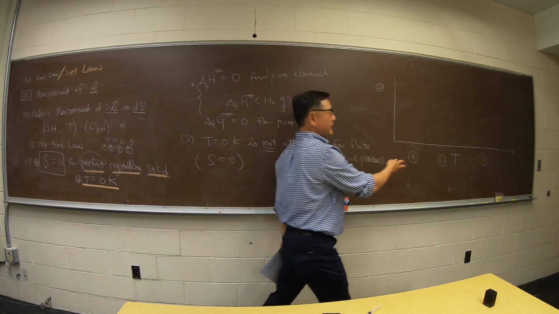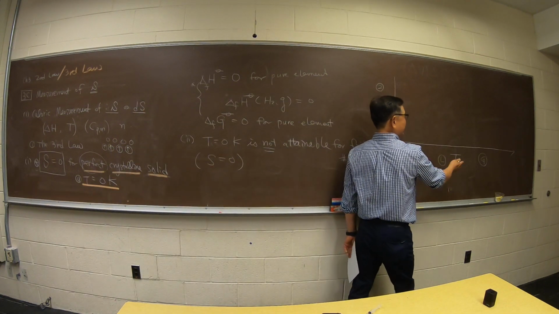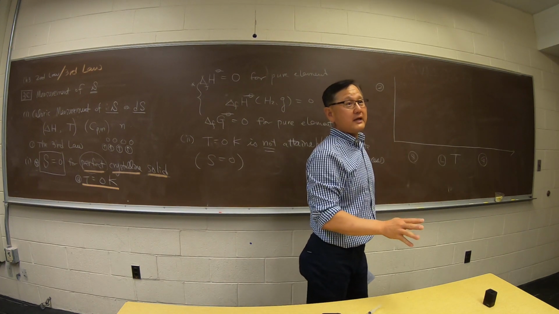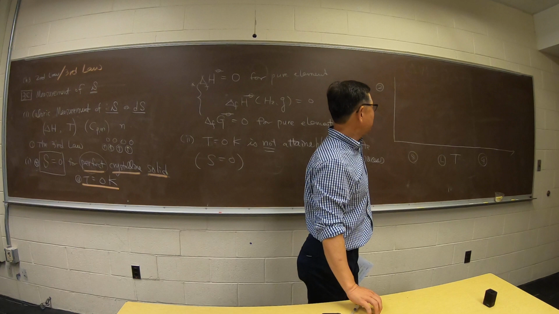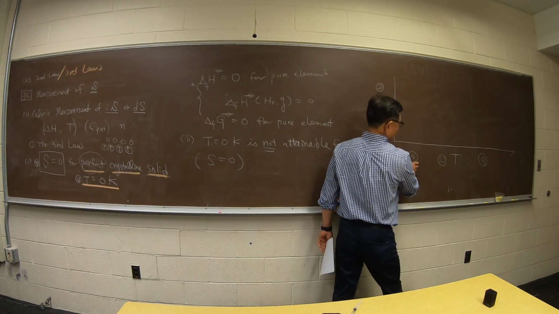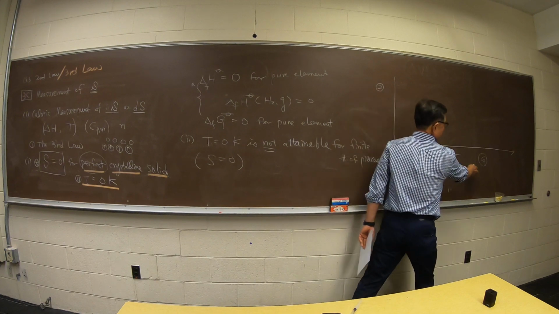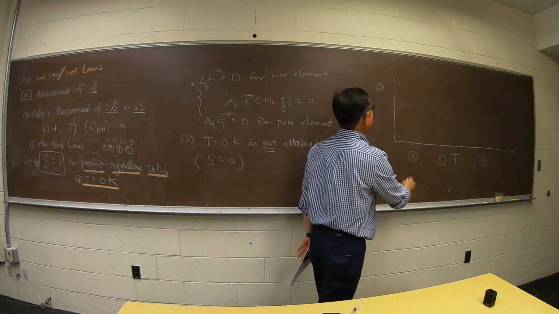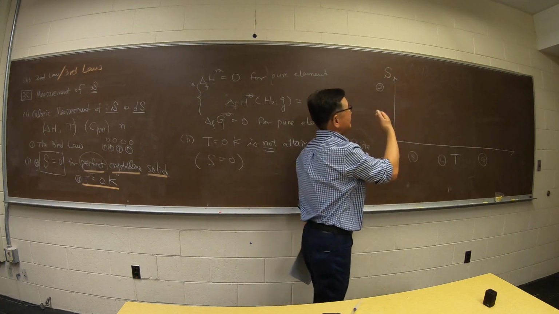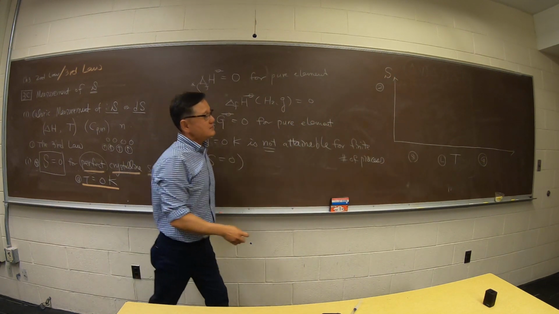The other way does not happen: if you heat it up, gas becomes solid, it's not going to happen. I can prove that, and this is part of the purpose of this class. We typically see an ice, a liquid water, and water vapor coming out. Then I will graphically, conceptually show what this S means.